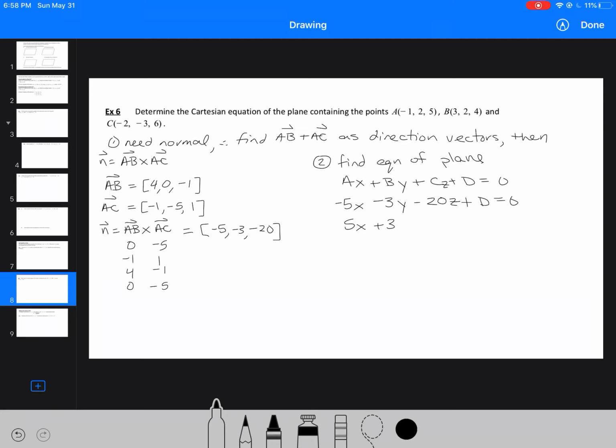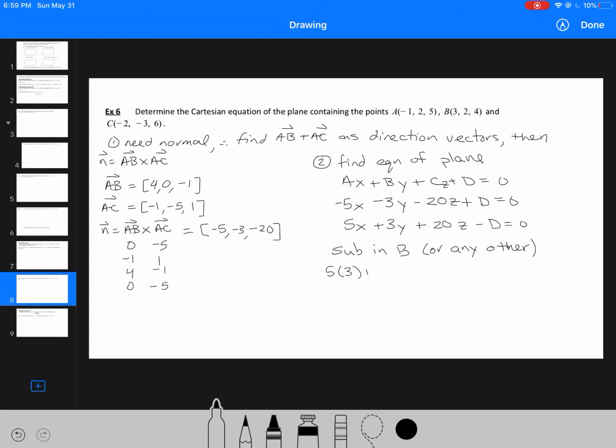So 5x plus 3y plus 20z minus d equals 0. And now I'm going to sub in B because it has all positive pieces, but you could substitute in A or C. Doesn't really matter.